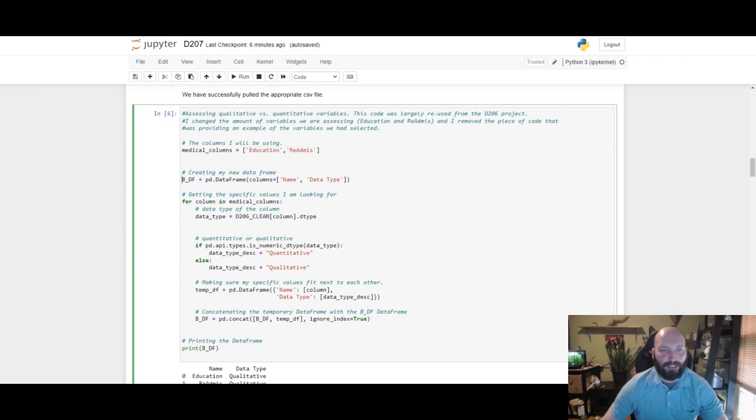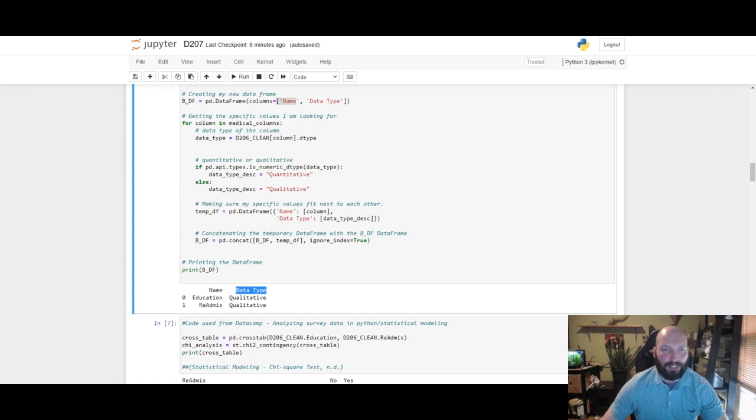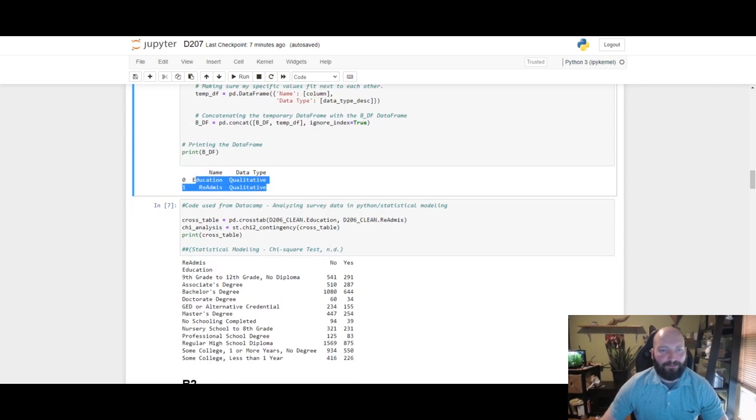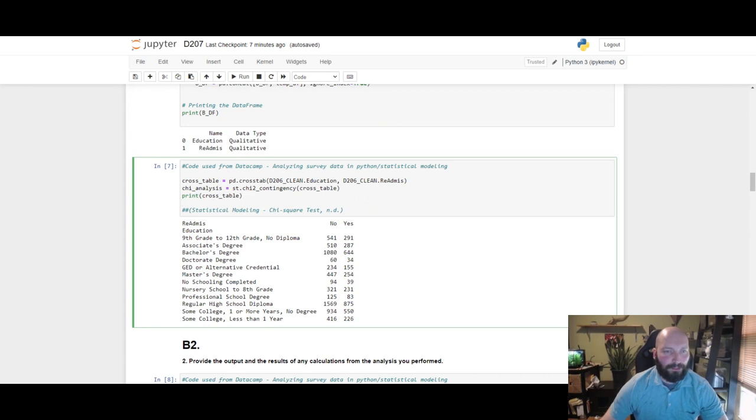I'm creating my new data frame, B_DF, and I'm naming them, and that's going to be on the name and data type, and then just looking at quantitative versus qualitative. And so, yes, we do indeed see that those are both qualitative in nature. All right, and I've never done this test before, so I did pull the code direct from DataCamp.